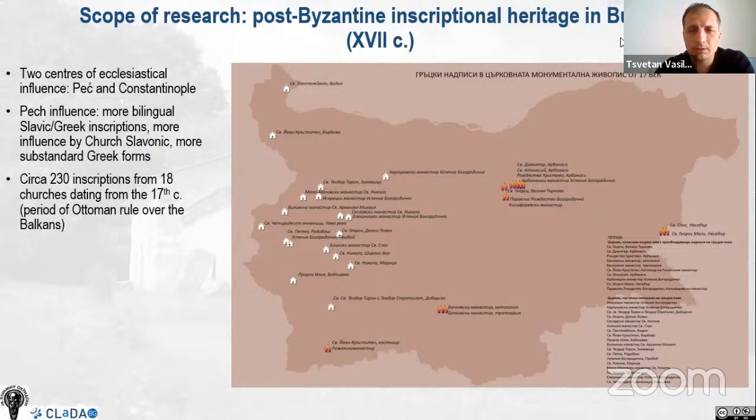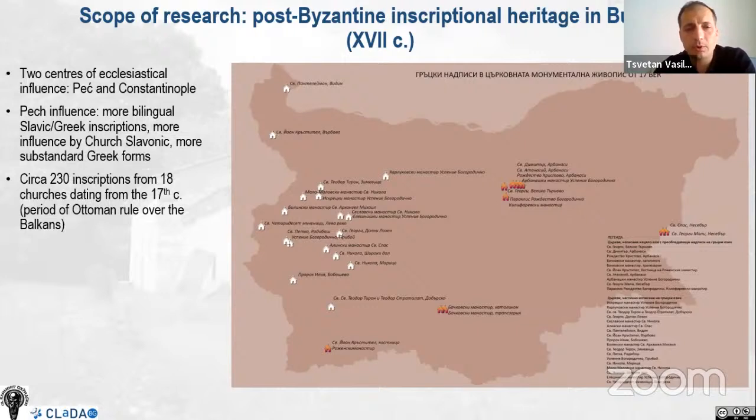One part of these churches are painted in orange and the others in white. Why? Because these on the left are churches with mixed inscriptions. We have bilingual inscriptions, Slavic and Greek inscriptions, and I think these are very interesting churches.